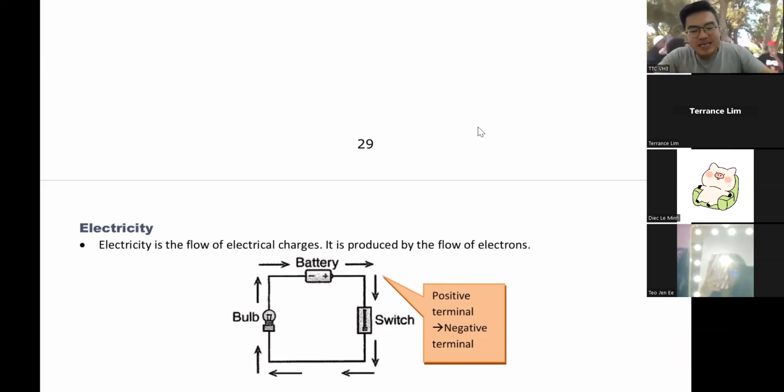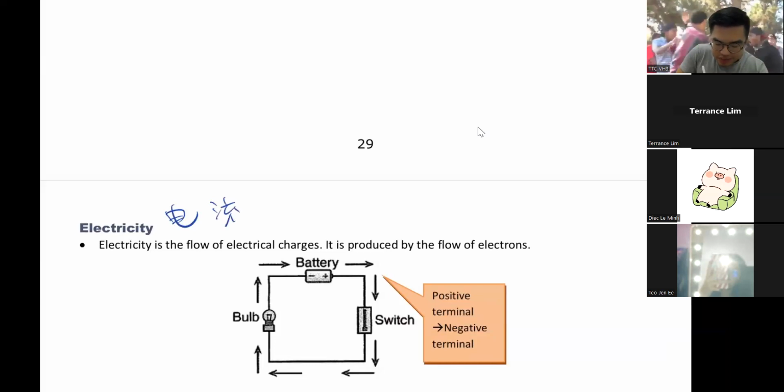But electricity is like a constant flow. It's like burning. Burning and explosion are both combustion, but burning is slow, steady and continuous. Explosion is like a pop, no more. So the difference between static and electricity is this: electricity is your 电流.